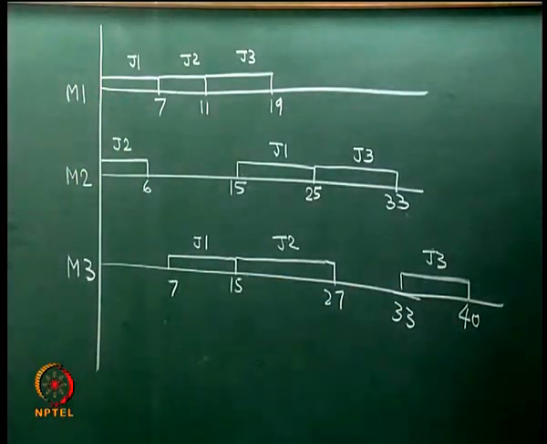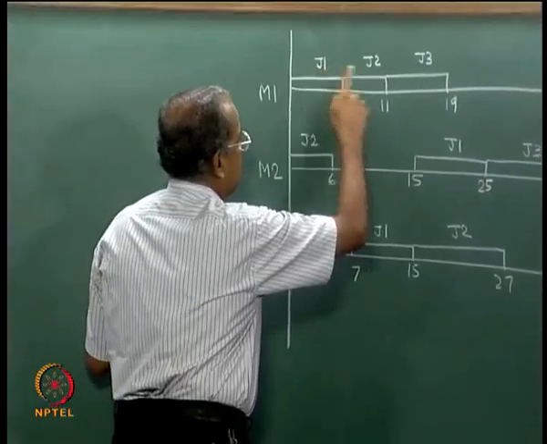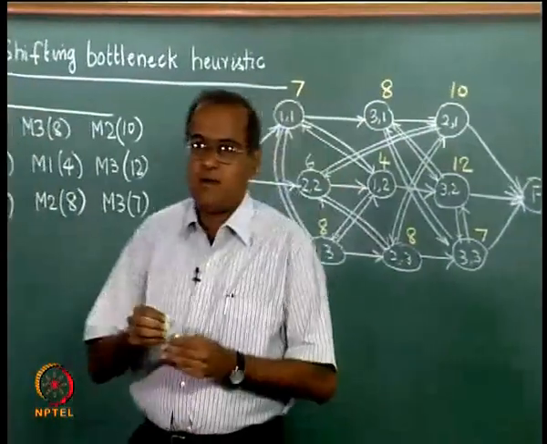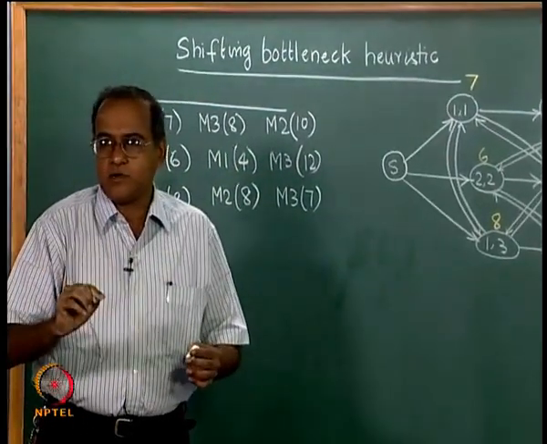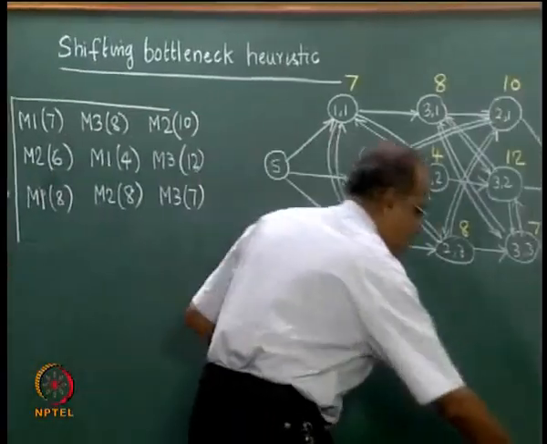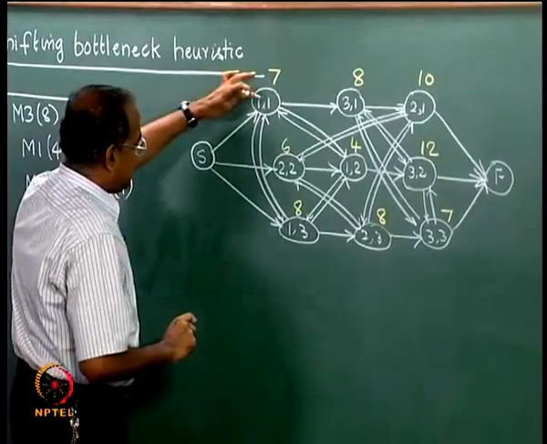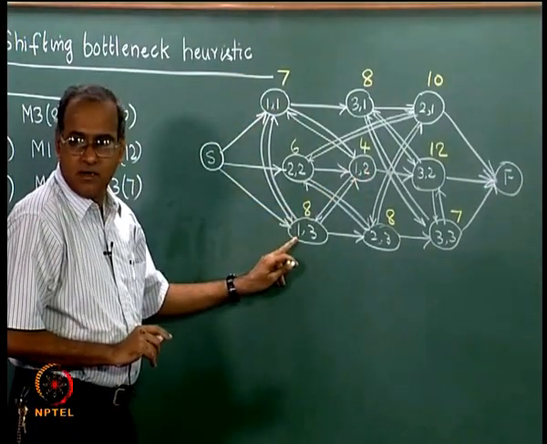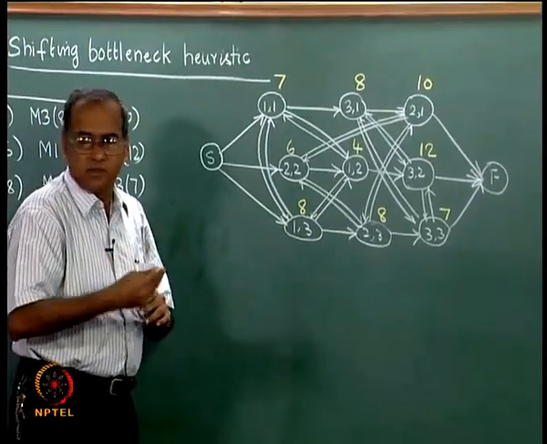More importantly, for the SPT schedule, M1 is taking the jobs in the sequence J1, J2 and J3. So, let us try and match that here, where M1 is taking them in the order J1, J2 and J3. So, M1 is first taking it in this order. So, this is done first, then this is done, then this is done. So, M1 is taking first J1, then J2, then J3.